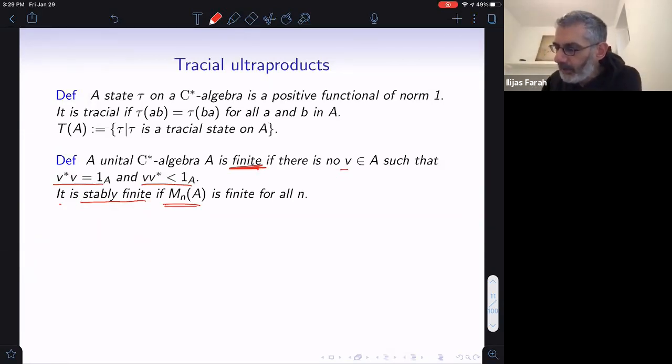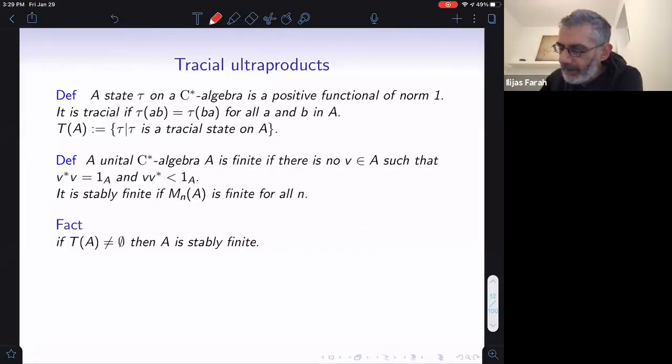Now, why do we care about finiteness? A fact easy to prove is that if A has a non-zero... sorry.